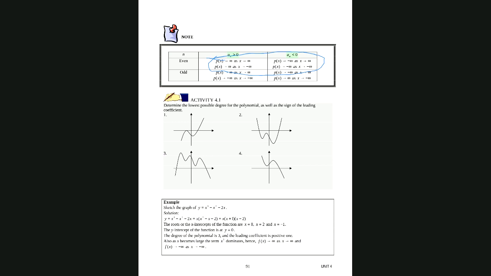If the sign of the leading coefficient is negative, as x approaches positive infinity, y approaches negative infinity, and as x approaches negative infinity, y also approaches negative infinity. So if you look here, as x approaches negative infinity, y approaches positive infinity, and as x approaches positive infinity, y too approaches positive infinity.